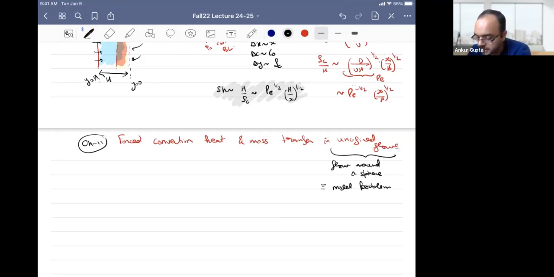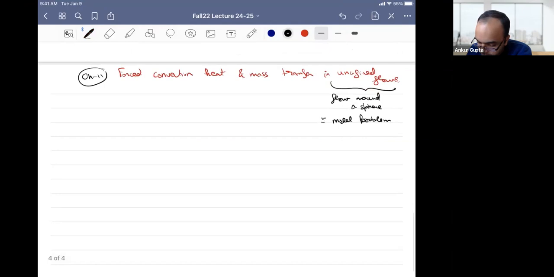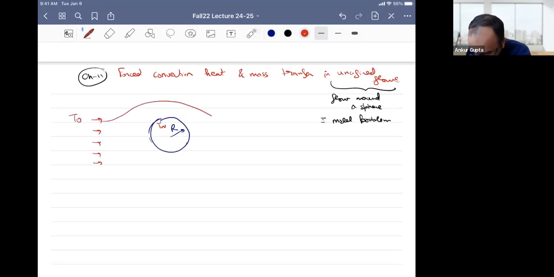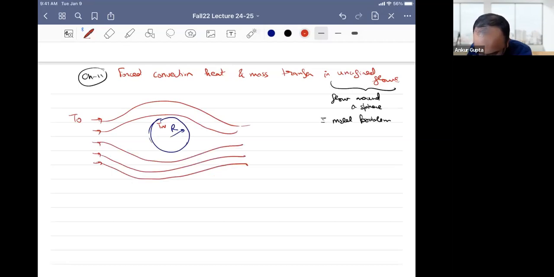So we have a sphere here of radius r. Let's imagine this is at some temperature T wall. Some fluid is flowing over it, which has a temperature far away of T naught and velocity U.